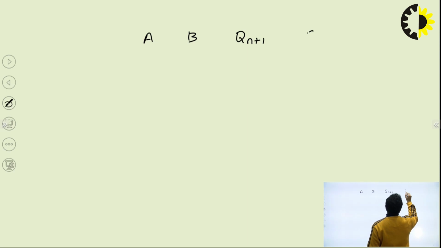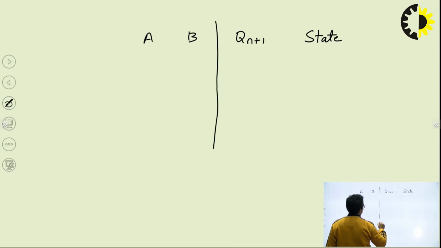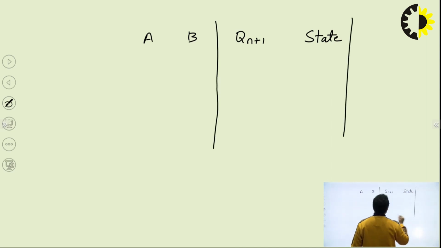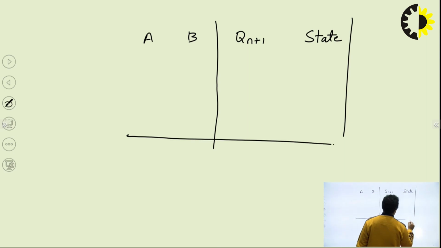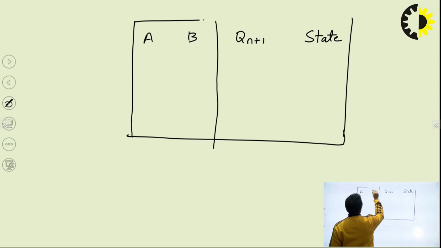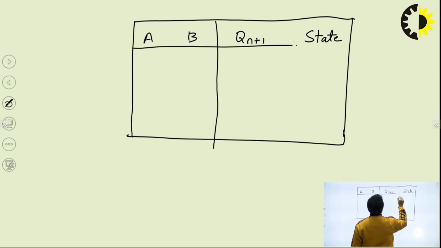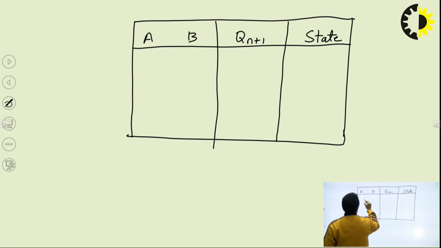Similarly, we will write the possible states. So, this is my truth table for the SR latch, with all the possible input combinations 00, 01, 10 and 11.